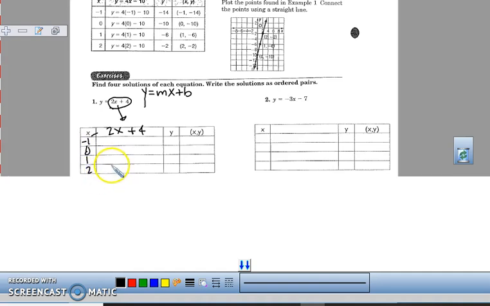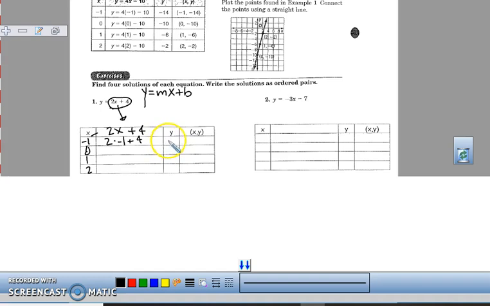Why? Because they're small numbers and they're easy to do in your head. But of course you can use a calculator if you'd like to. So what we do is, if this is the x value, we're replacing the x with -1. So 2 times -1 plus 4. Use your calculator if you need to, because you do not want to mess up the calculations for these, because it'll mess everything else up.